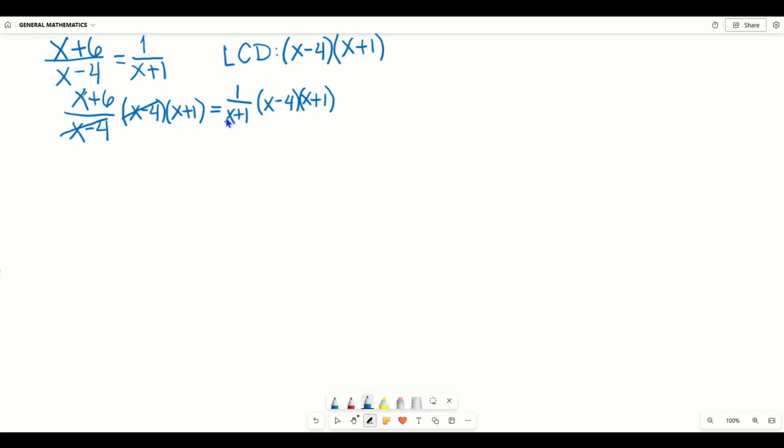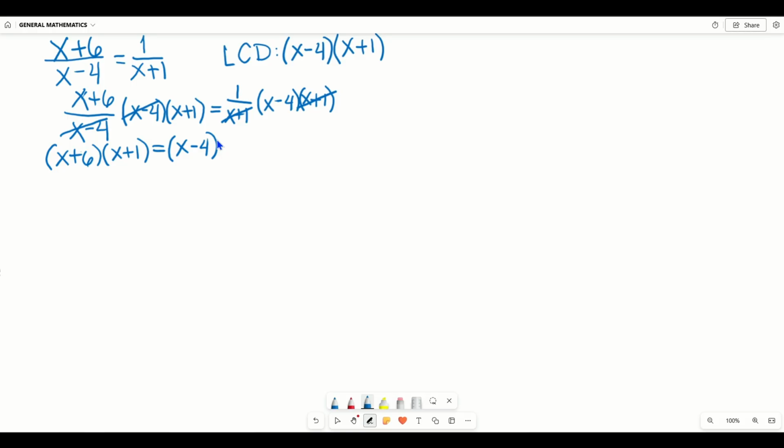For this one, we also have x plus 1 in the denominator and a multiplier x plus 1. After cancellation, you may write the remaining terms. So we have here x plus 6 times x plus 1 is equal to 1. The numerator here is 1, so no need to write it if the multiplier is 1. And then the remaining term, x minus 4.